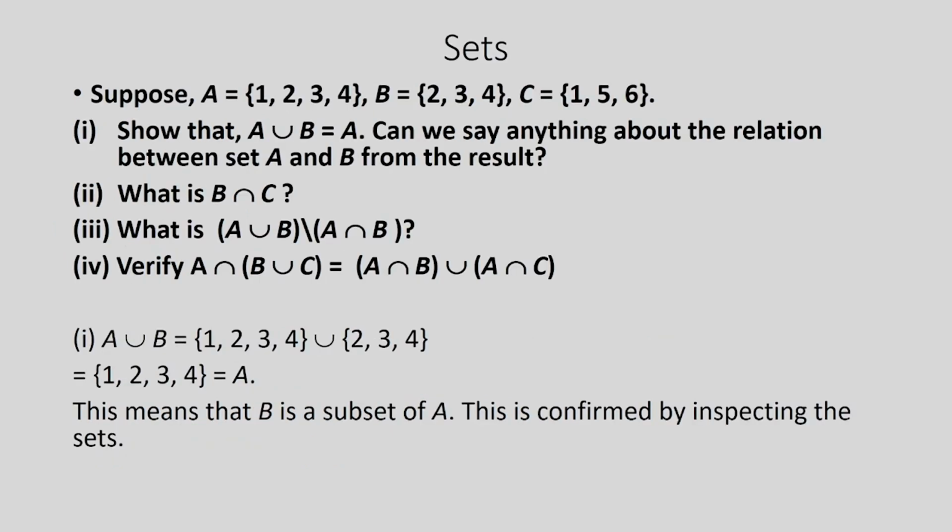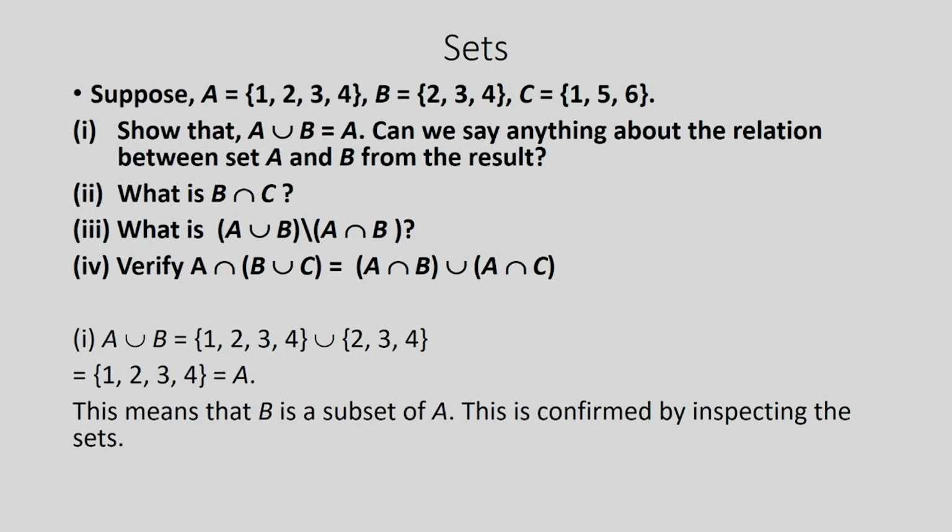Okay, now we move to another topic which is sets and set operations. So, we start with the first problem here. Suppose 3 sets are given. First set is A, A has 4 elements, 1, 2, 3 and 4.